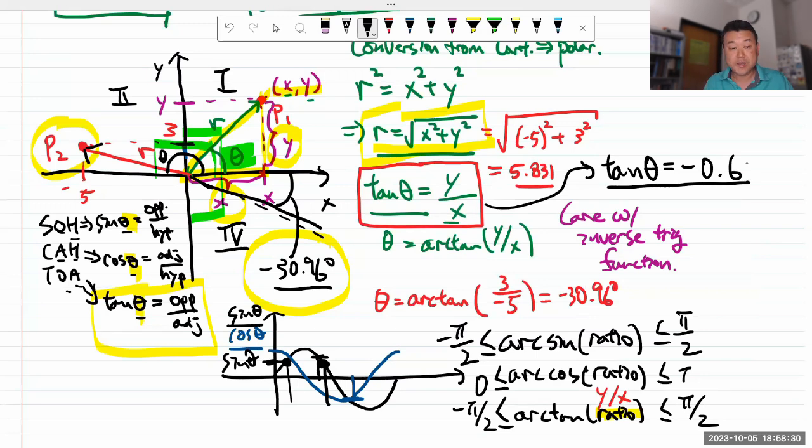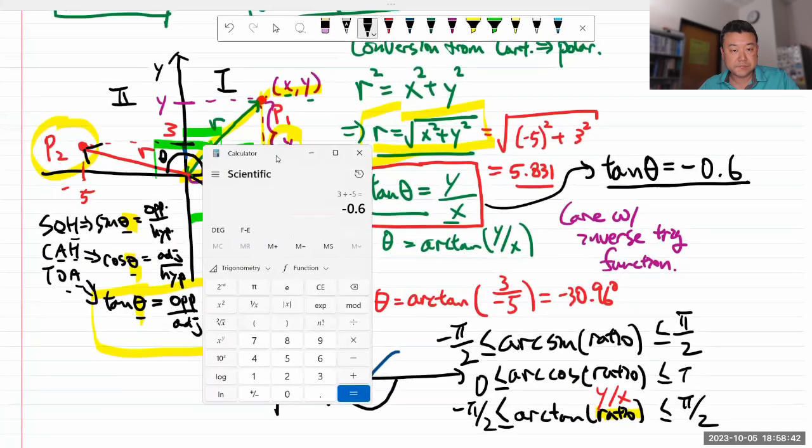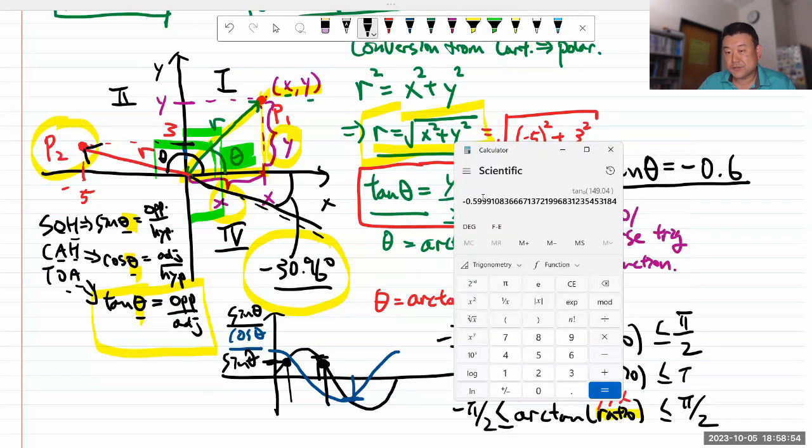And let me actually demonstrate. Having seen this angle, I actually can figure out what this angle theta will be. That angle theta will be 149.04 degrees. So if I have the angle 149.04 degrees, and if I take the tangent of that, I do get the correct value, something that's close enough to minus 0.6.